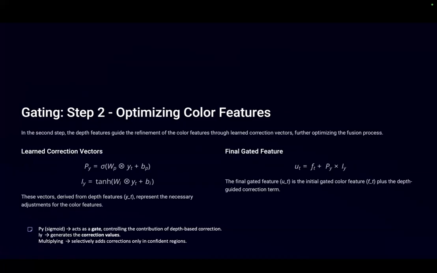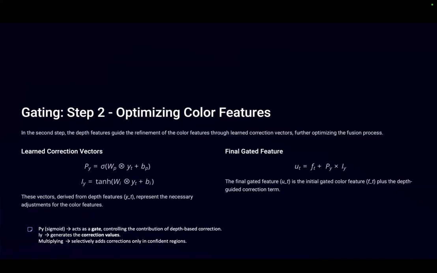Because we know the color feature has some issues, it has noise, so we need to prevent that noise. For that reason, we use the depth feature, YT. We compute PY as a gate, we get IY, which is the corrected value, and based on that we get UT, the updated color feature, right? I think it is clear.